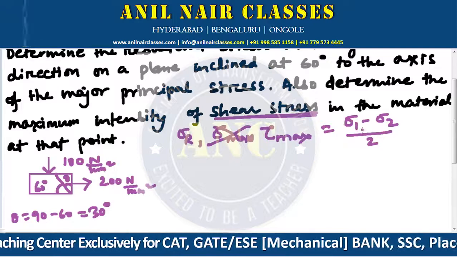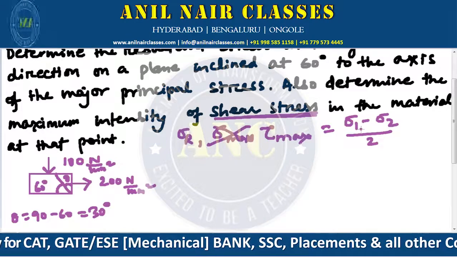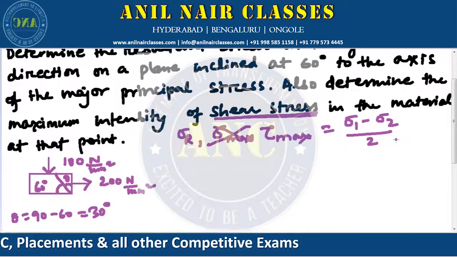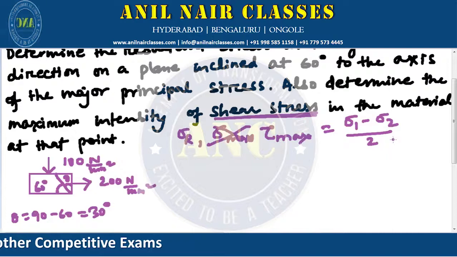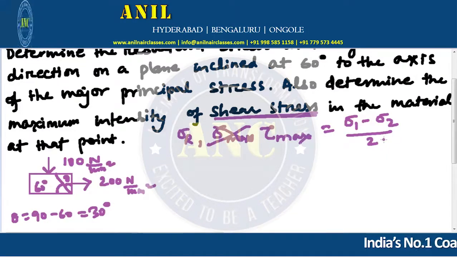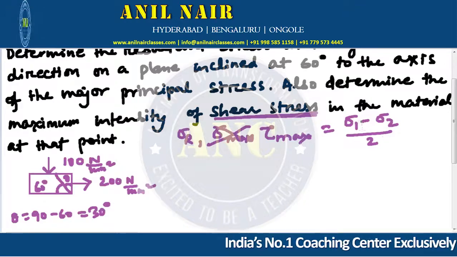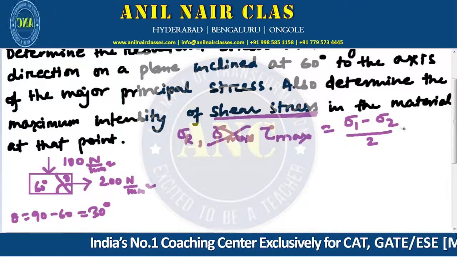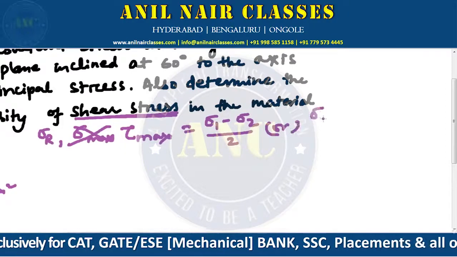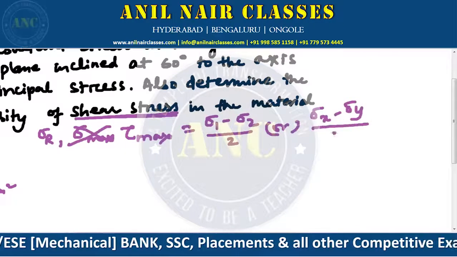Clear? So let us find the value on this. That is nothing but sigma 1 by 2, or you can also say (sigma x minus sigma y) by 2.